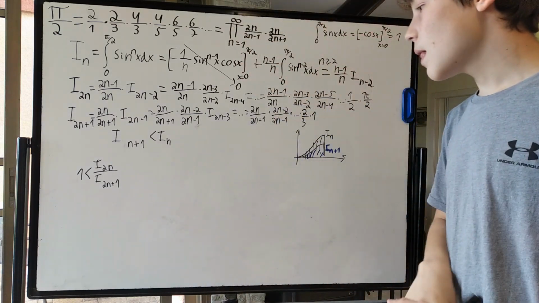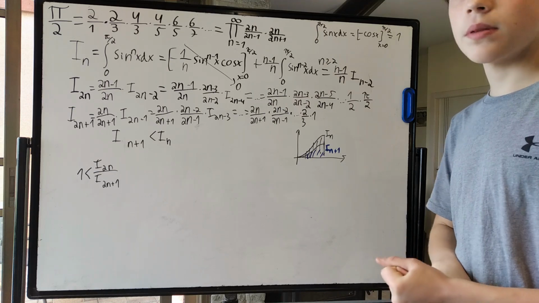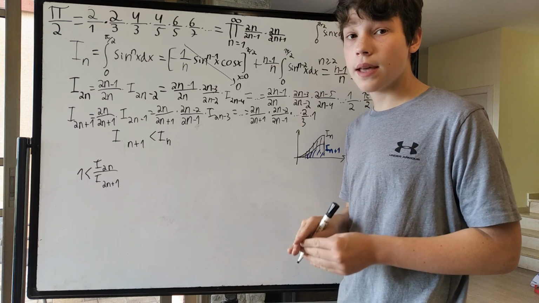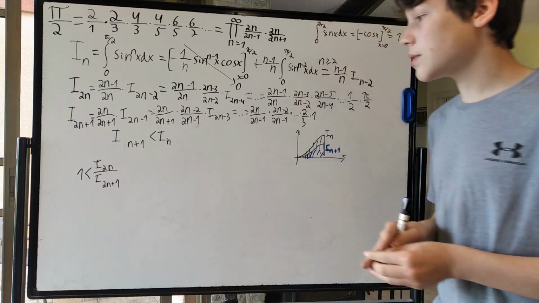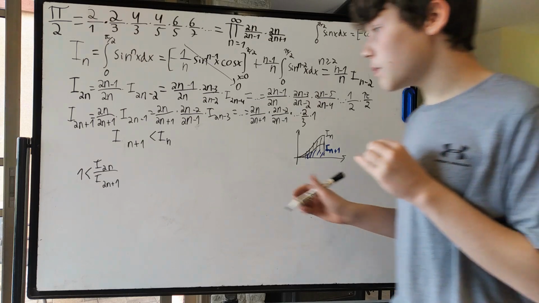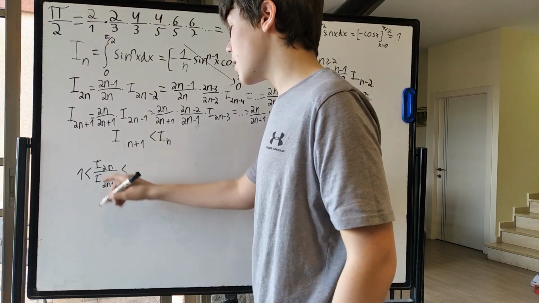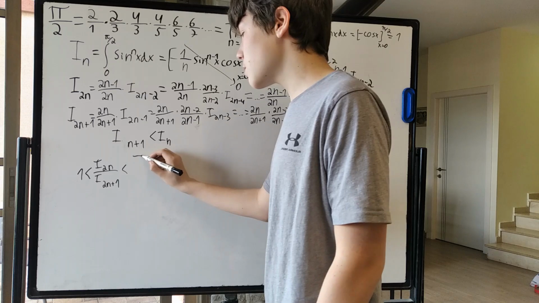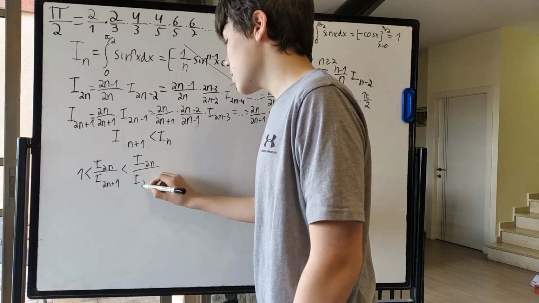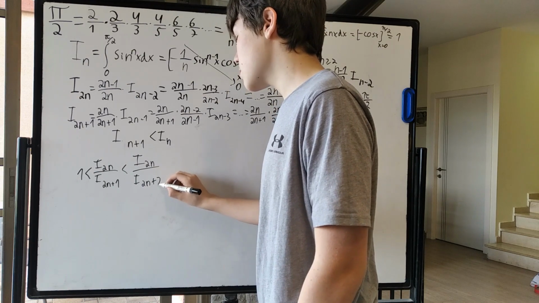But now, if we replace I_(n+1) with something even smaller than it, say I_(n+2), we'll end up with I_n over I_(n+1) being stuck between these two values, 1 and I_n over I_(n+2).